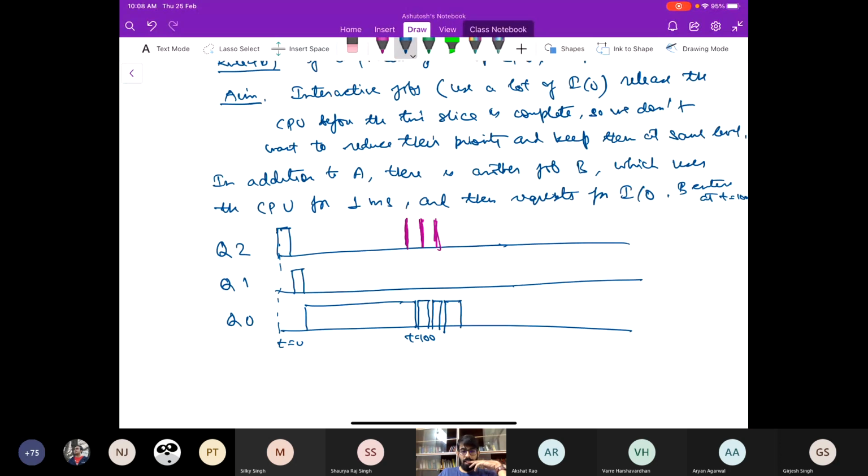When these IO jobs release the CPU, will the scheduler wait for the time slice to complete, or is it scheduled immediately? No, it will not wait for it to complete because that's a waste of resources, right? So that's what is happening here.